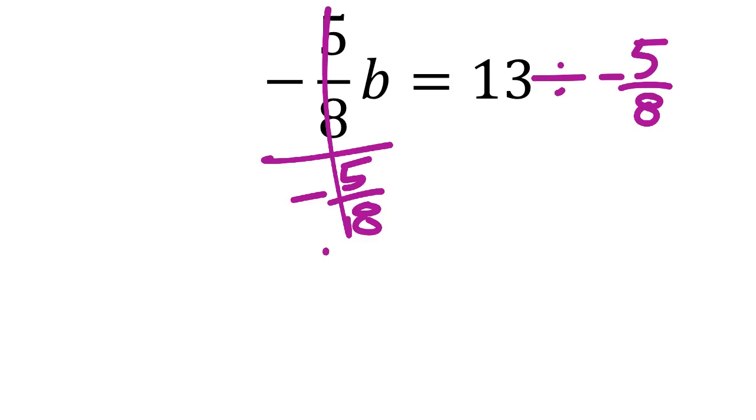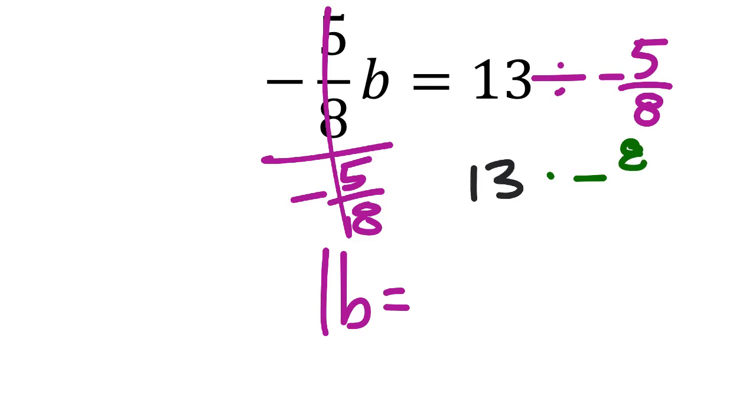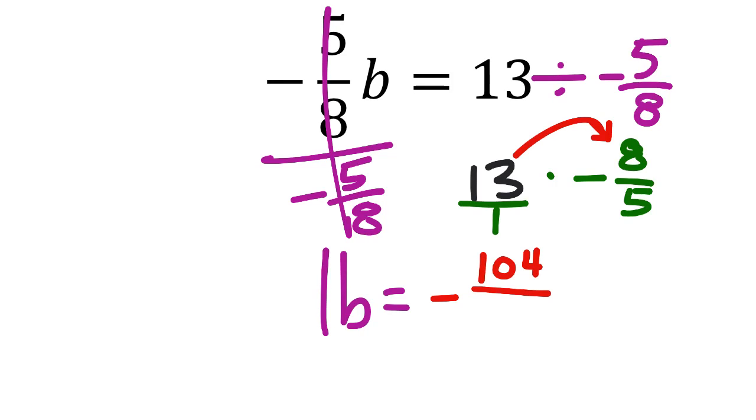So that's a 1b now, and that's 13 divided by -5/8. I would just change that to 13 times -8/5. That's 13 over 1, so 13 times 8, let's see, 104, and it's going to be negative. 104 over 1 times 5, which is 5.